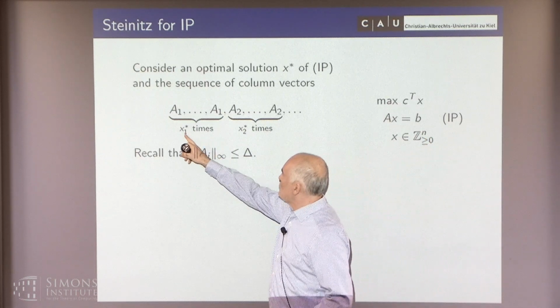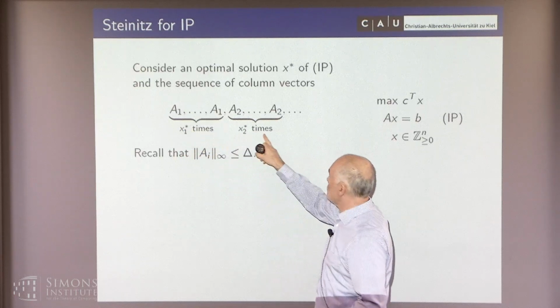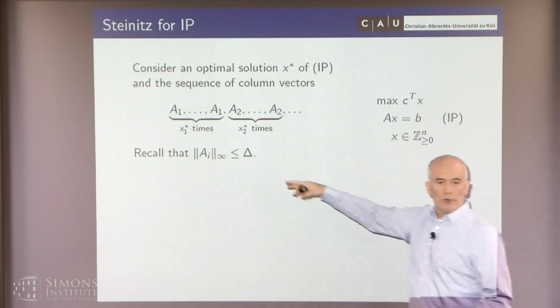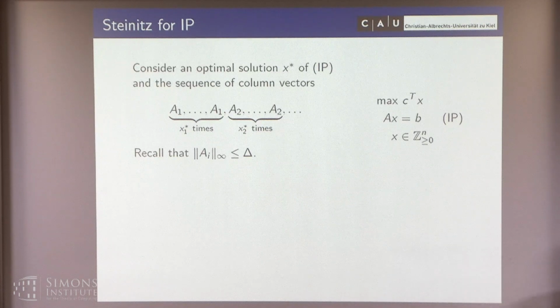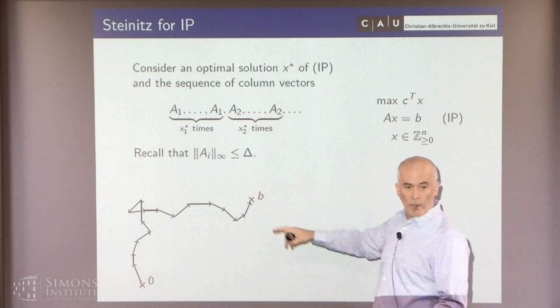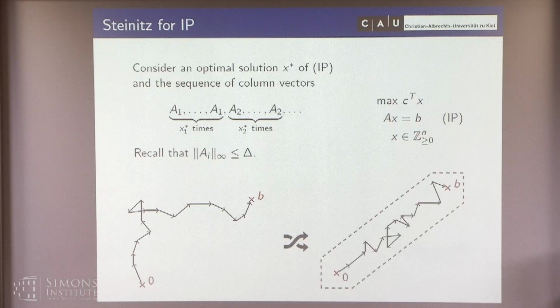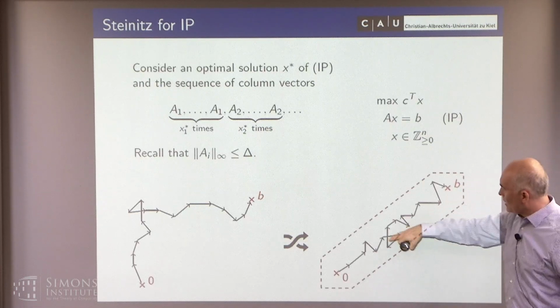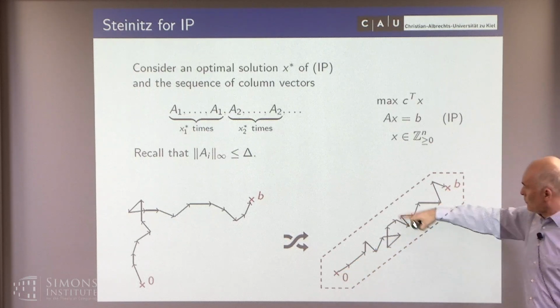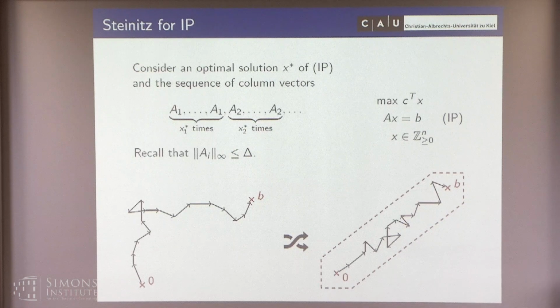You take x1 star times the first column, x2 star times the second column, etc. Recall, in our case, all the norms are bounded by delta because it was the largest entry. Now you have a path from 0 to the right-hand side b, and you can reorder this so that you get a path that's very close to the diagonal from 0 to b. So they are not far away from this. Is that what you will use afterwards?